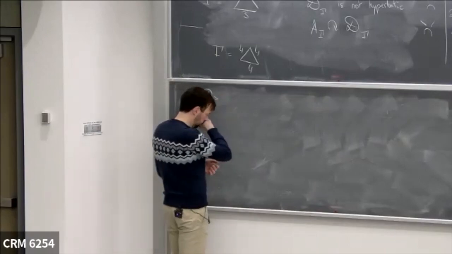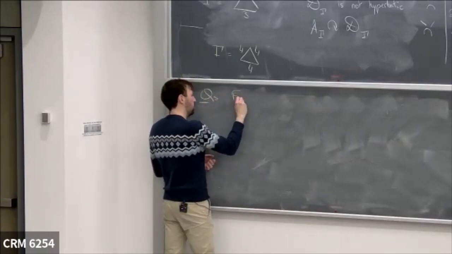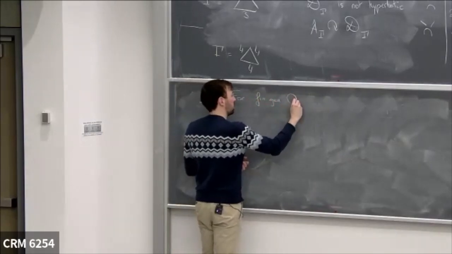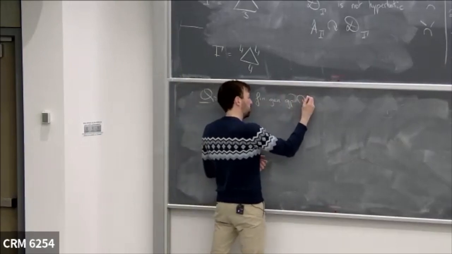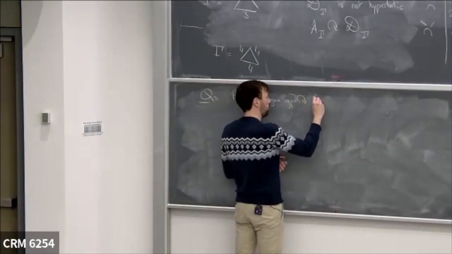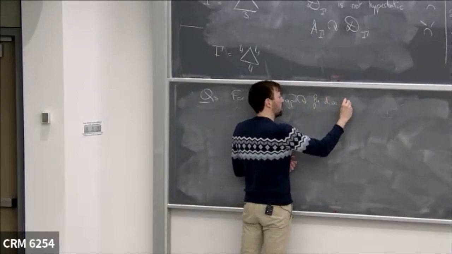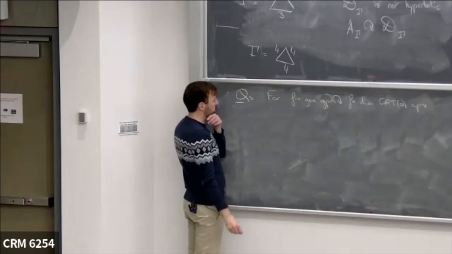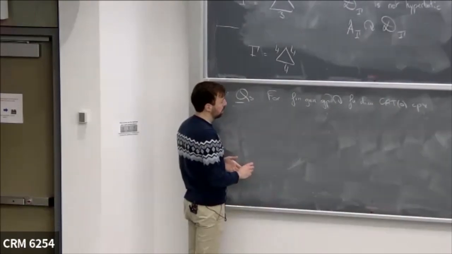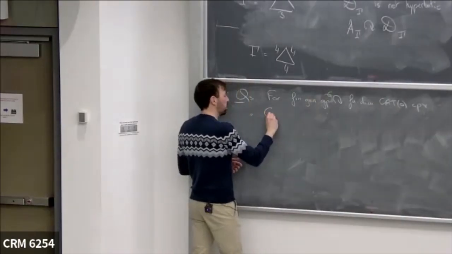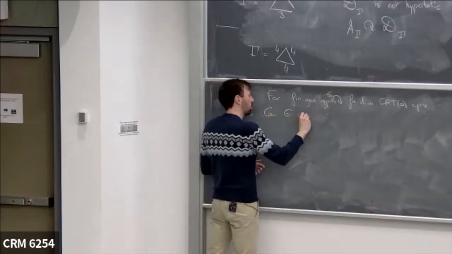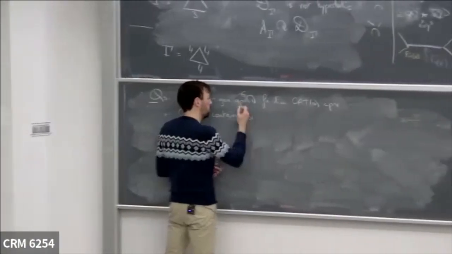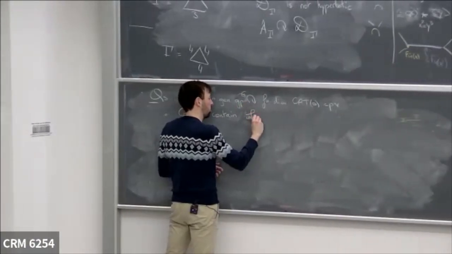So if you have, say, a finitely generated group G acting on, say, a finite dimensional CAT(0) complex, can G contain infinite torsion subgroups?